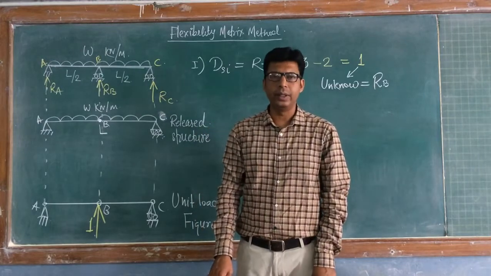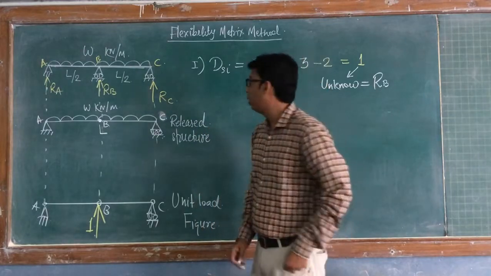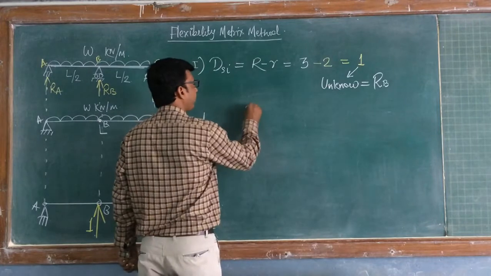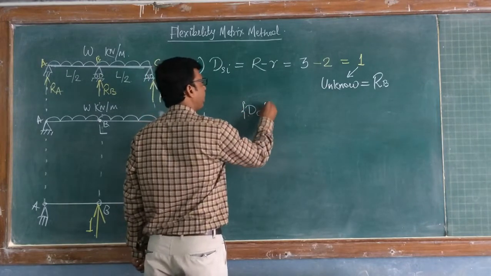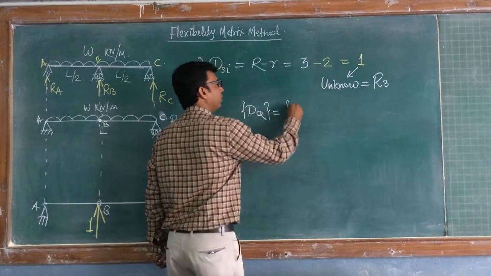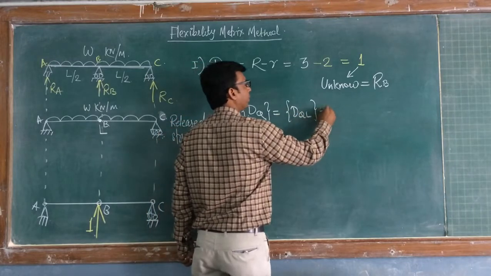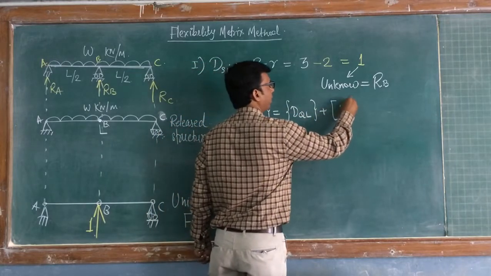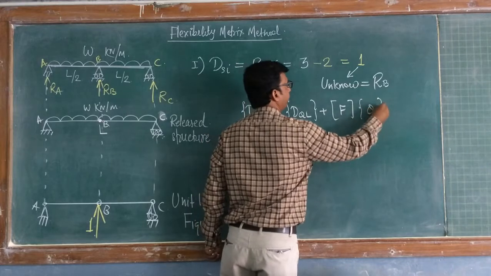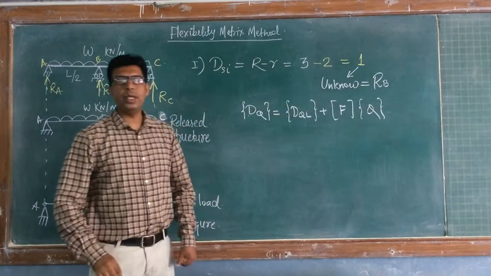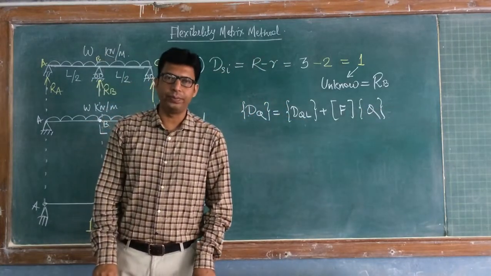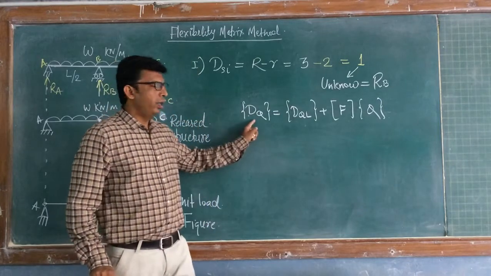Now write down the compatibility condition, the equation of compatibility for the flexibility matrix method: dq is equal to dql plus f into q.